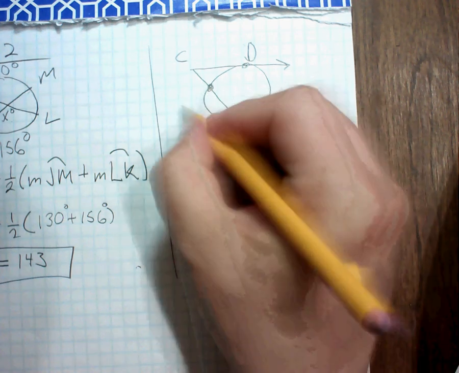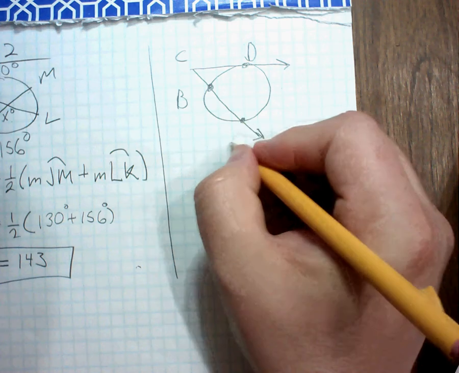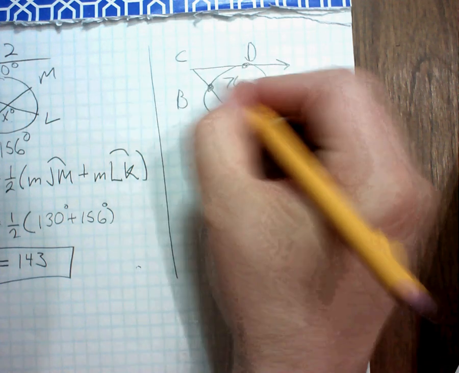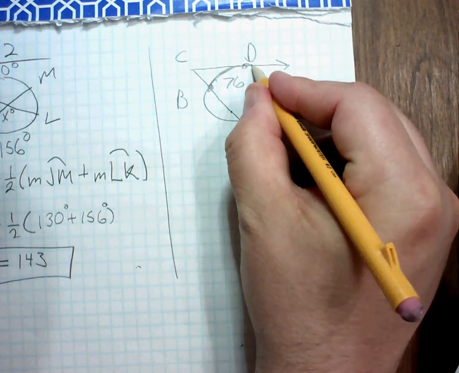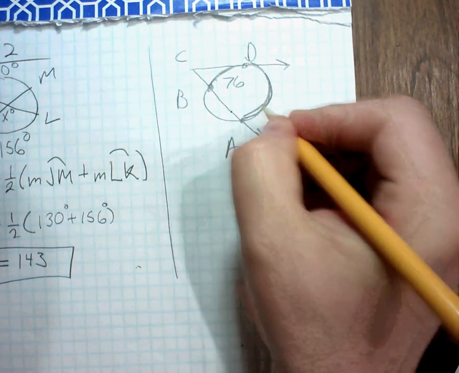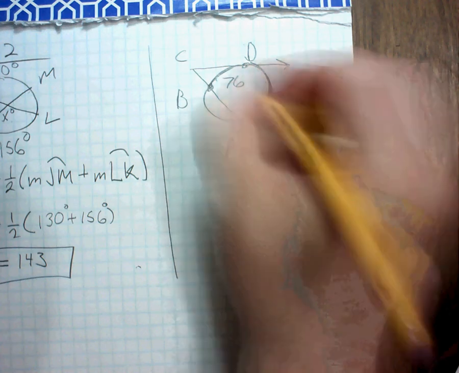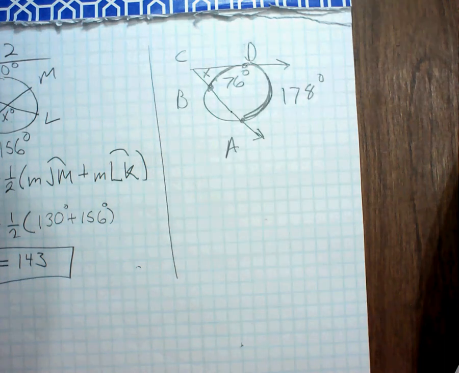We'll call this B, and we'll call this A. And we're told that this arc from here to here is 76. And then this big arc here, that's a 178. And then we call this X. So we're asked to find X.